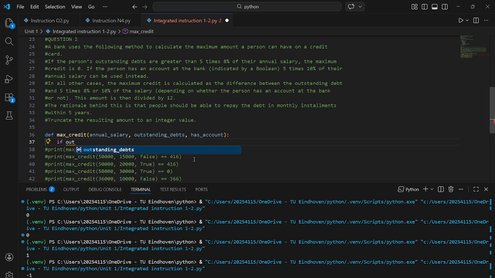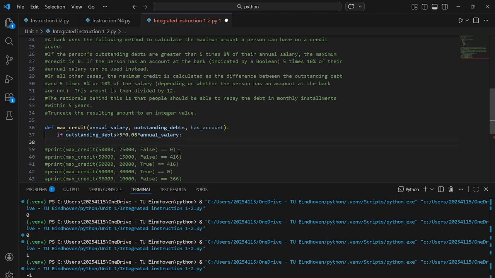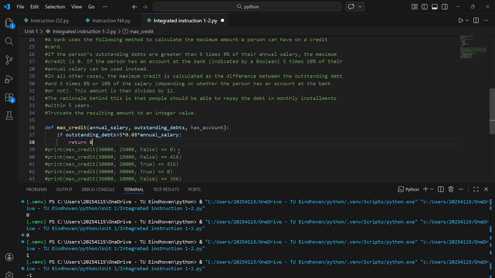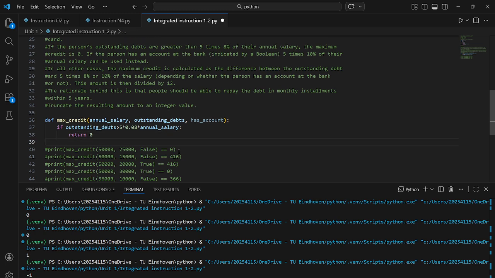If outstanding debts is higher than 5 times 8% of their annual salary, return 0. Well, because their credit is going to be 0.